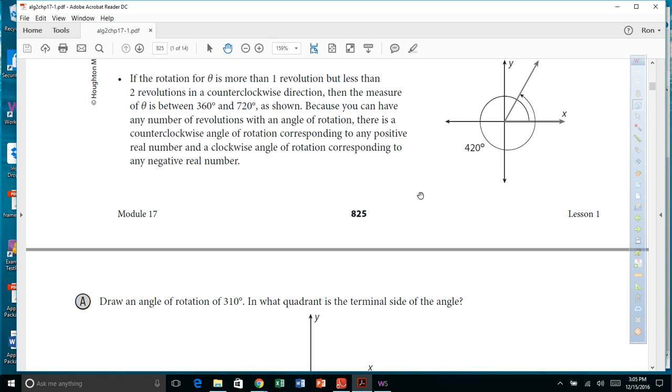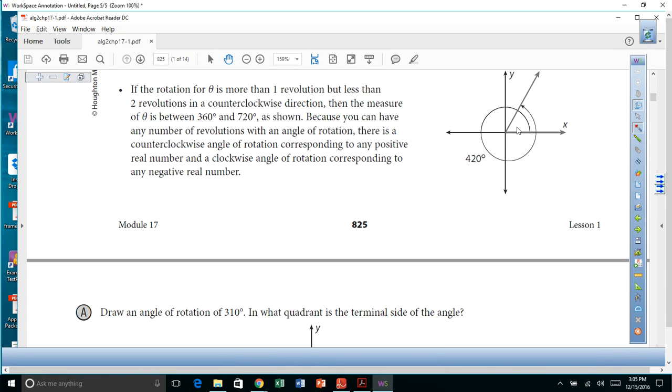Because you can have any number of revolutions with an angle of rotation, there is a counterclockwise angle of rotation corresponding to any positive real number and a clockwise angle of rotation corresponding to any negative real number. Okay, so yes, that's 420 degrees.